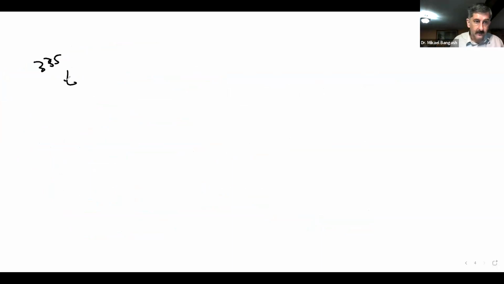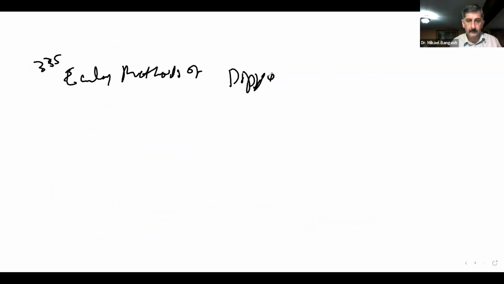And what it says is it mentions something about early methods of Doppler analysis, or spectral analysis, something that they called zero crossing detectors.